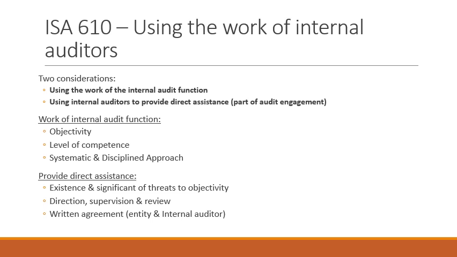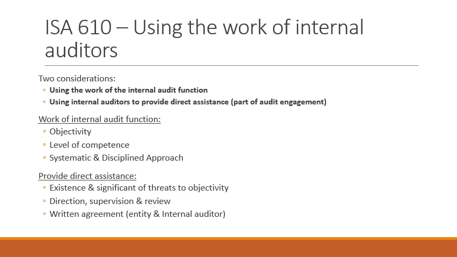However, now we require them to assess evidence from an independent or objective point of view, which is free from any bias. So we need to assess those threats to objectivity, whether it is a significant threat, and what safeguards we can implement there as well.